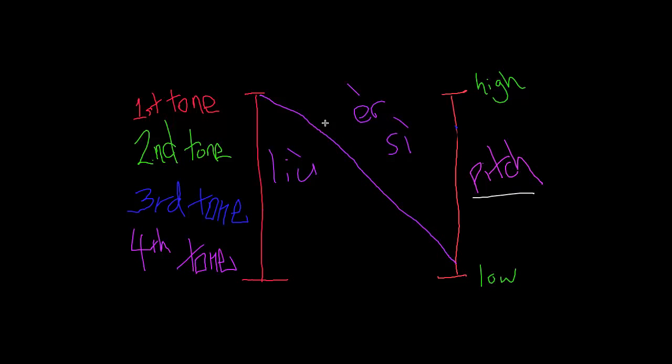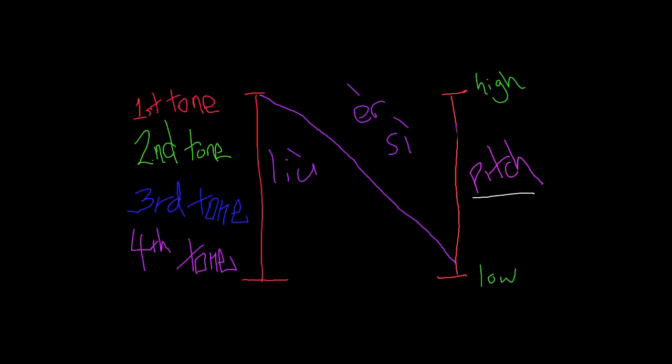二, 二. You can see I start high and go down. 四, 六. All very short and dropping very quickly. So 二四六. If I was to speak English in the fourth tone, it would sound like this.